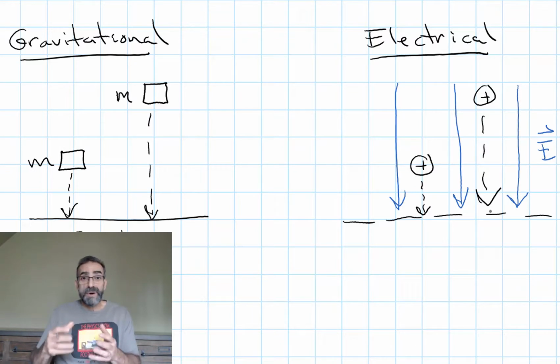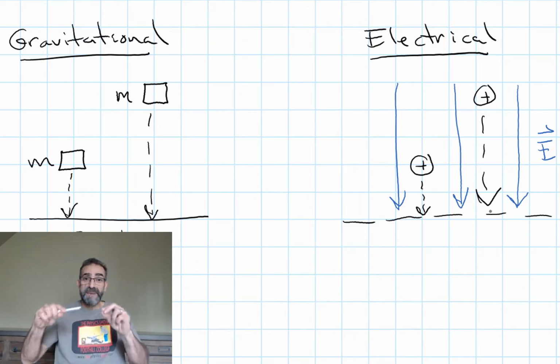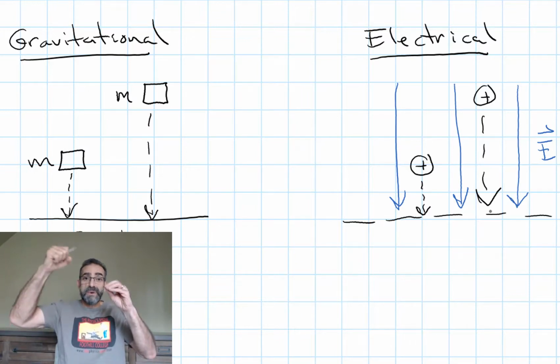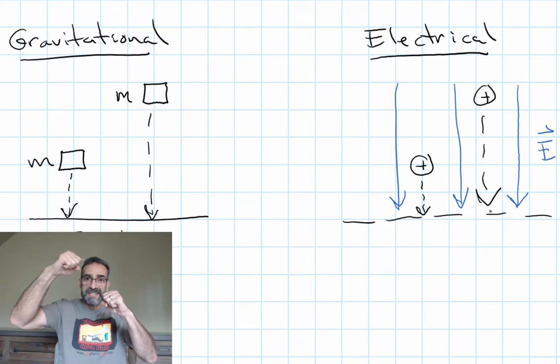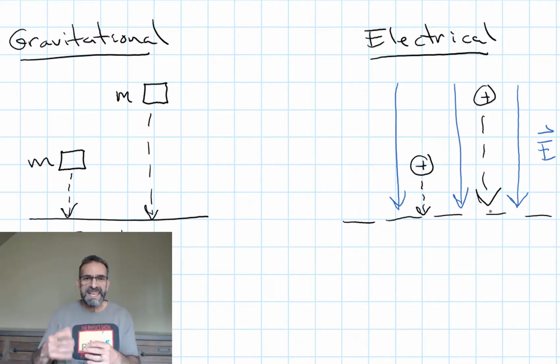That means it has more kinetic energy at that point than the other one. So it must have started out with more stored energy, with more electric potential energy by virtue of its position in the electric field. Think about that when you're trying to figure out what situation has more stored energy, what situation has more potential energy.